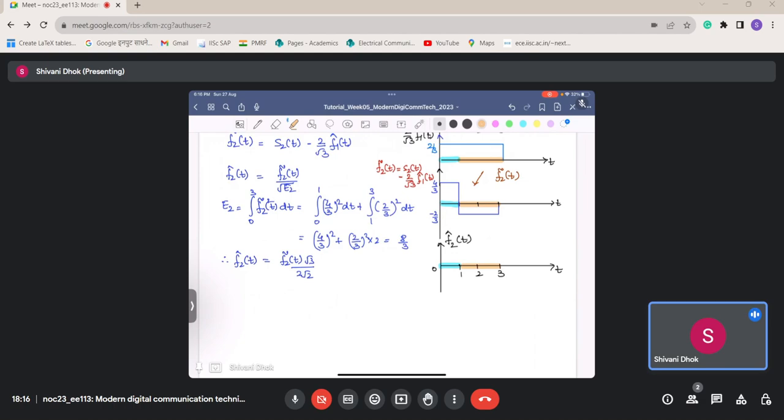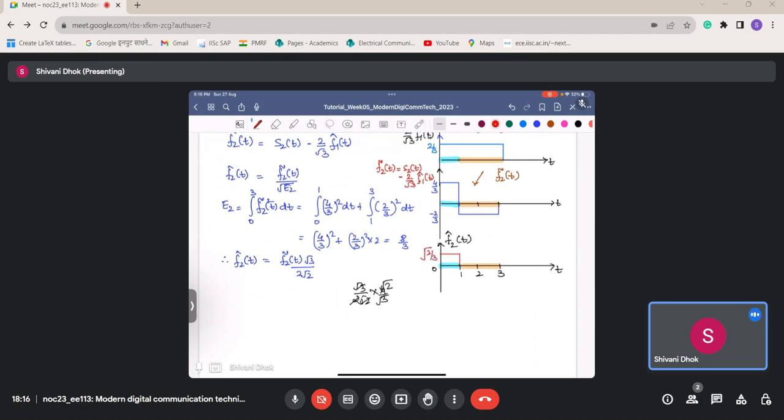For 0 to 1, my magnitude will be root 3 upon 2 root 2 multiplied by 4 by 3. So this is under root 2 by 3.